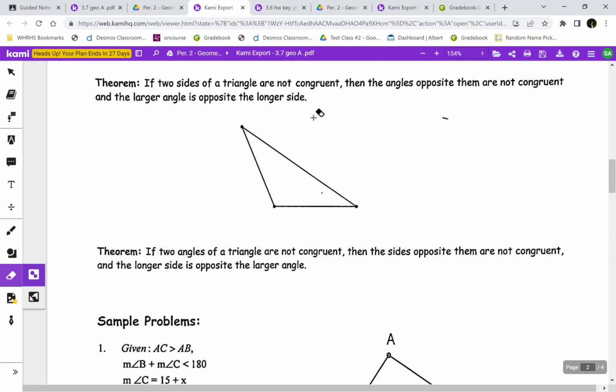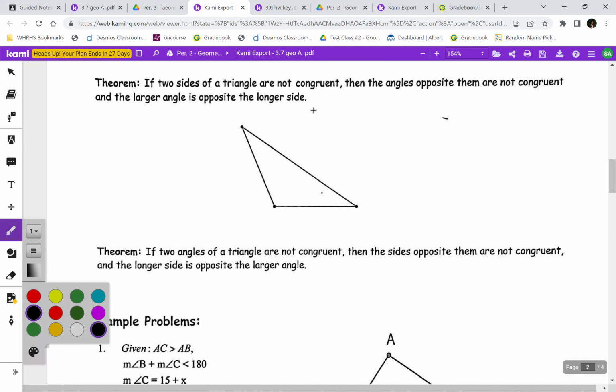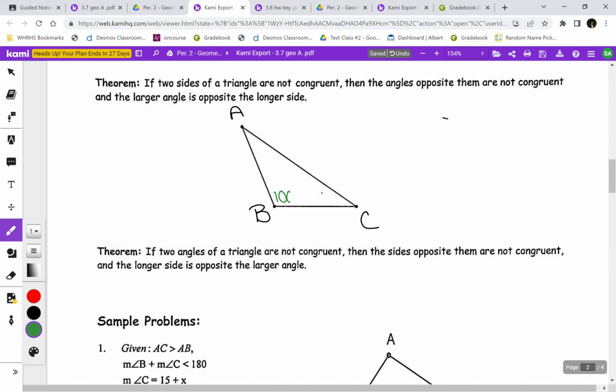So let's say I have triangle ABC, and let's say angle B is 100 degrees, angle C is 30 degrees, and angle A is 50 degrees. Out of these three angles, which angle is the biggest?